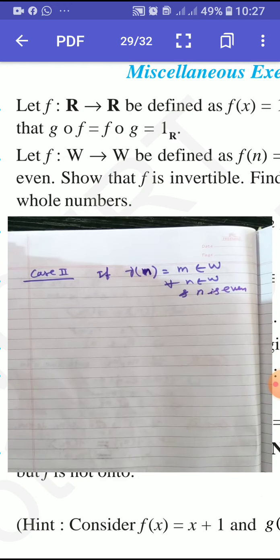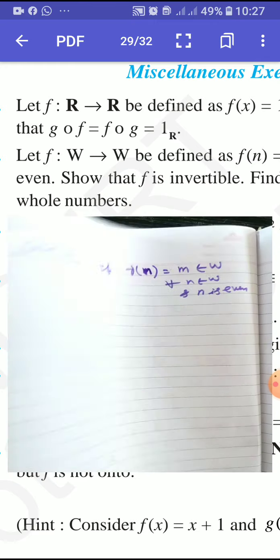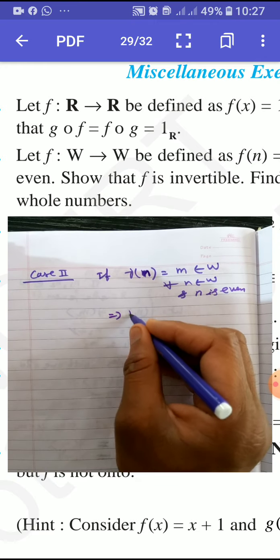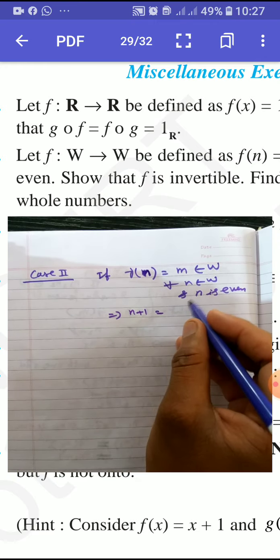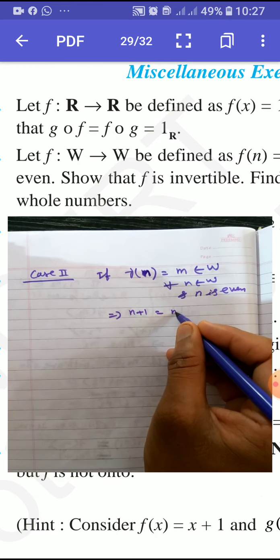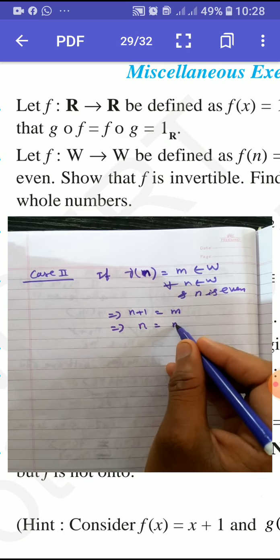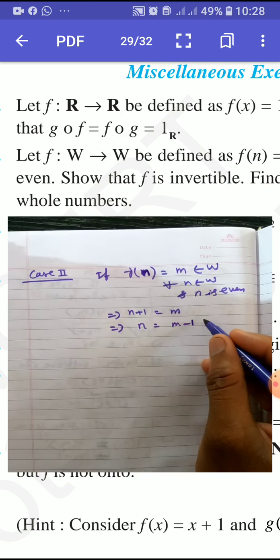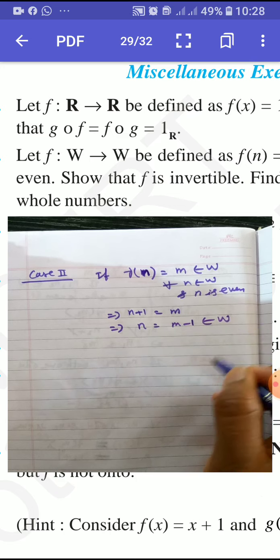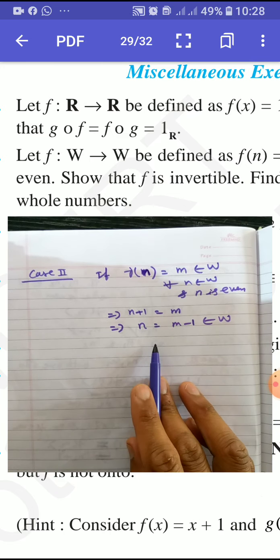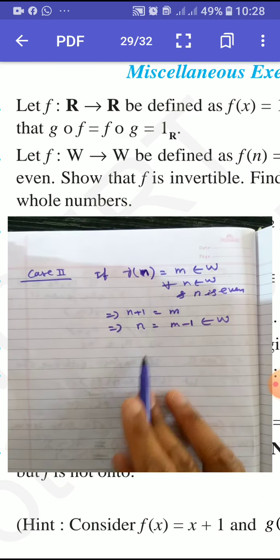Okay, in even case the value of fn is n plus 1 implies n plus 1 equal to m, implies n equal to m minus 1 belong to whole number, right? This indicates that given function is onto, right?